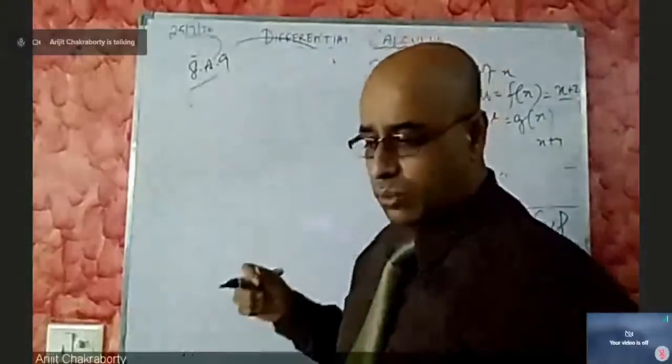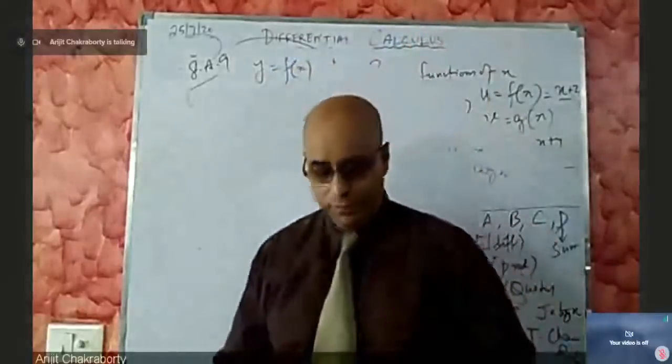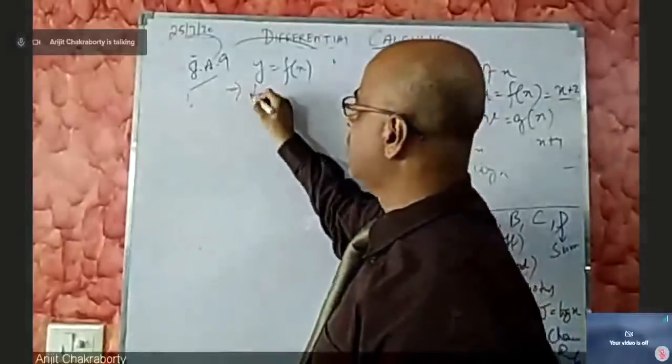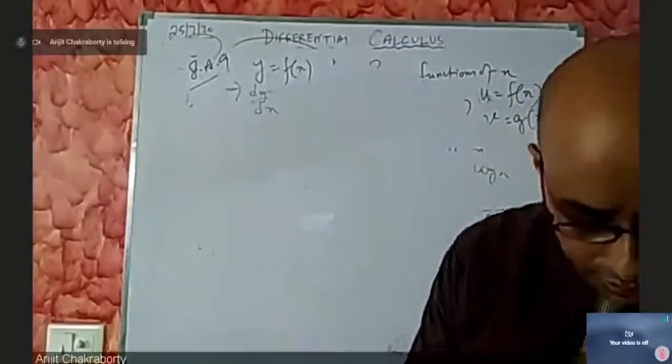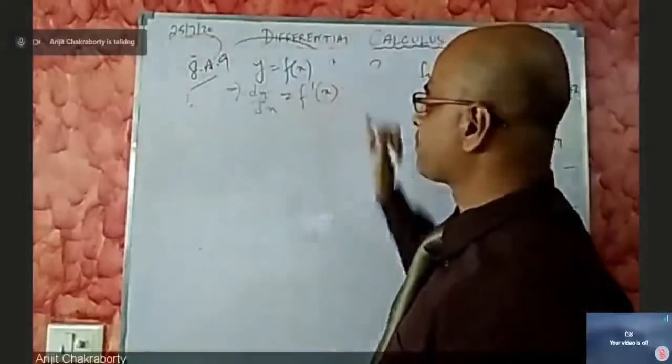Say you are given y equal to f(x). If you find dy by dx, okay, when you write dy by dx, this means f dot x.